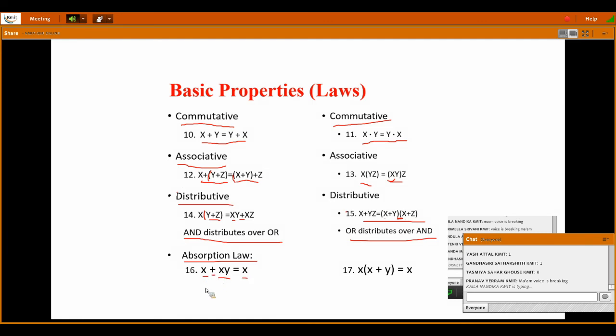These two terms are ORed with each other. See here, I am solving this.